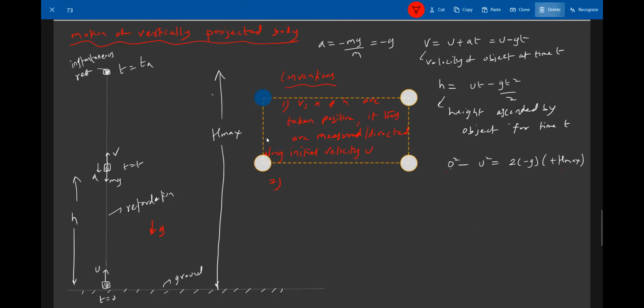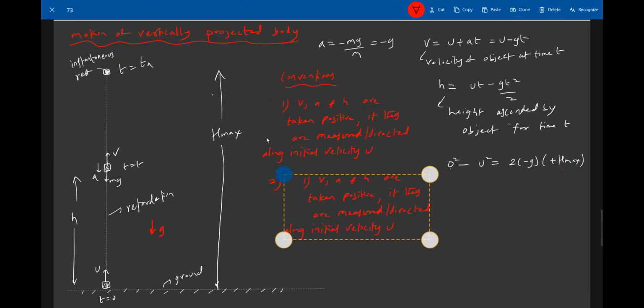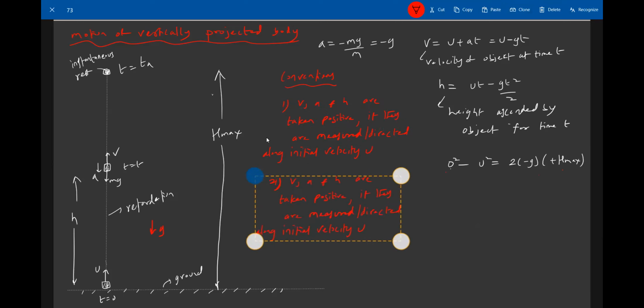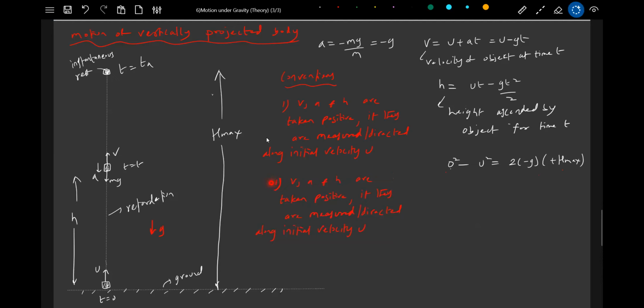V, A, H are taken negative if they are measured or directed opposite to the initial velocity.